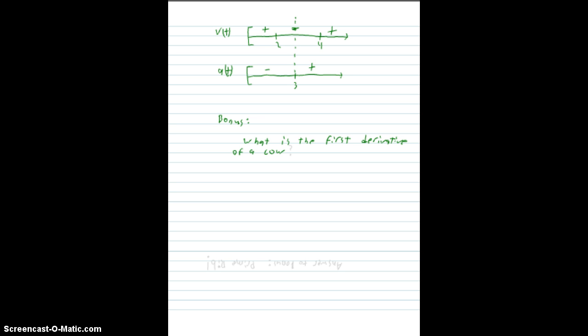Okay. We're going to write the answer upside down so you aren't tempted to cheat. Okay, now hopefully you've pondered that question enough. And for your bonus point, Mr. V, the answer is prime rib.